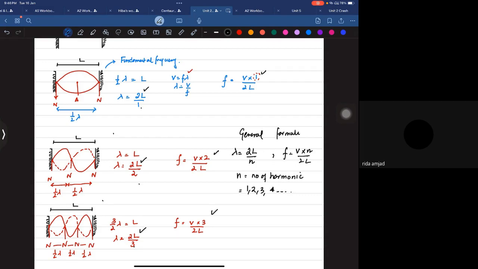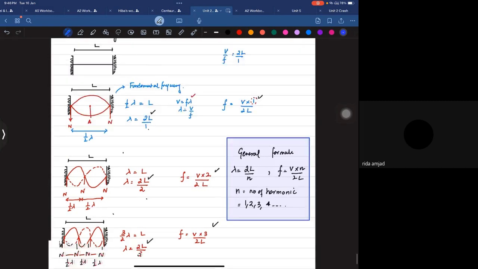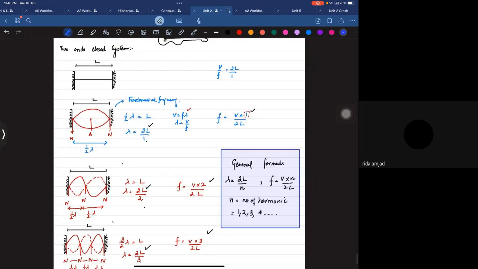Now remember that this formula that I have derived, you need to learn this because a lot of questions you won't be able to do unless you know that this formula belongs to a two ends closed system. That's the tricky part in this. You just have to learn that either by practice or by heart. It's your choice.